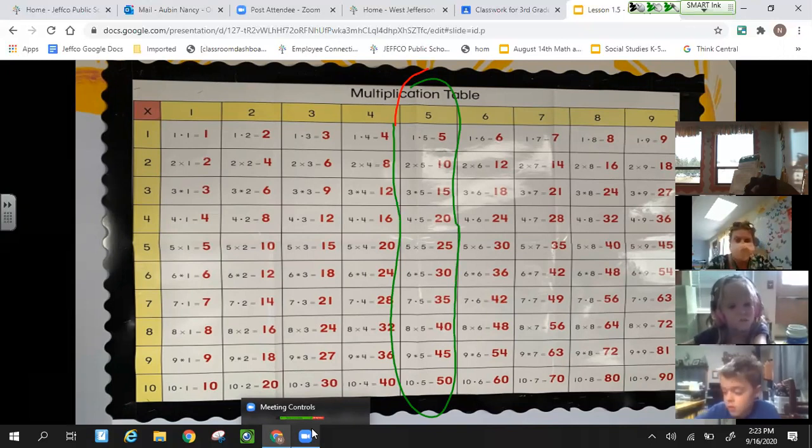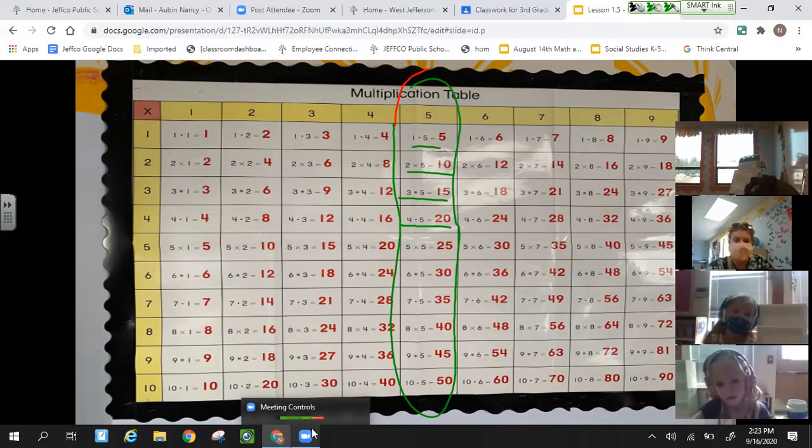Say the equation with me, everybody. 1 times 5 equals 5. 2 times 5 equals 10. 3 times 5 equals 15. 4 times 5 equals 20. 5 times 5 equals 25. 6 times 5 equals 30. 7 times 5 equals 35. 8 times 5 equals 40. 9 times 5 equals 45. 10 times 5 equals 50.